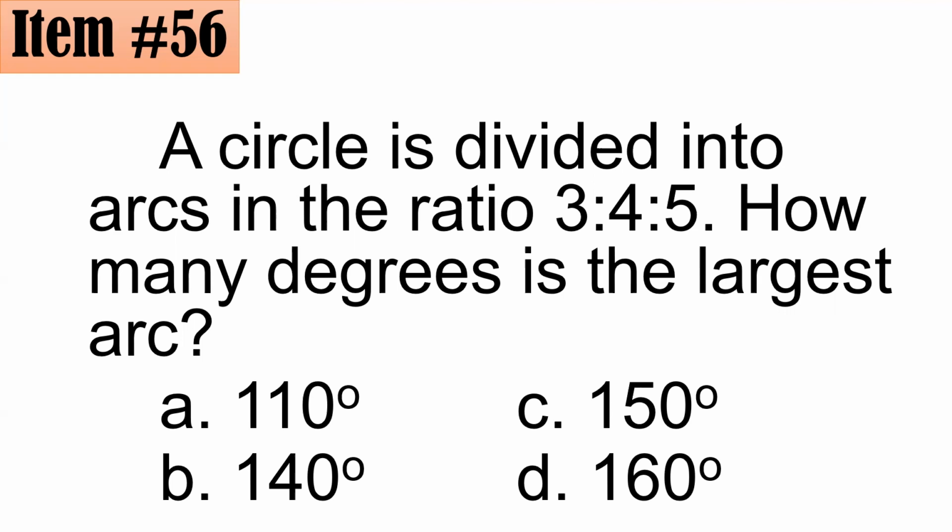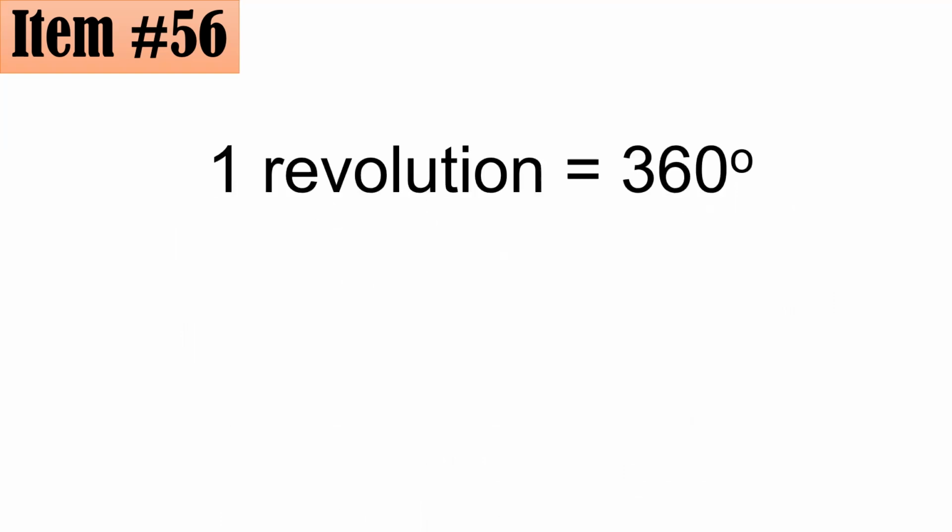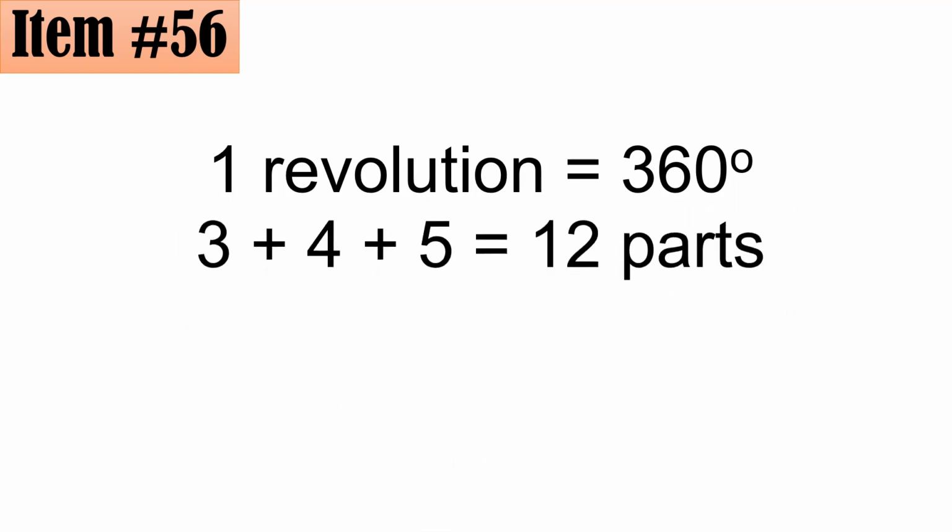And tandaan po natin that a circle is 360 degrees. So one revolution is 360 degrees. So the arcs, if you have 3 arcs, then their sum should be 360 degrees as well. But since they are in the ratio 3:4:5, it follows that meron po tayong 3 plus 4 plus 5 or 12 parts in all.